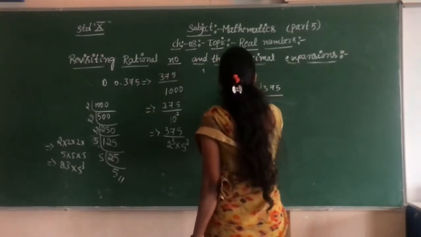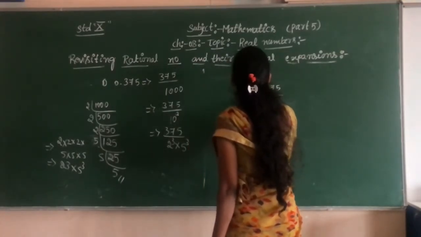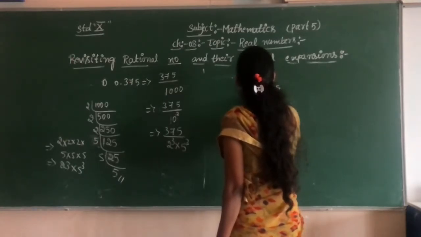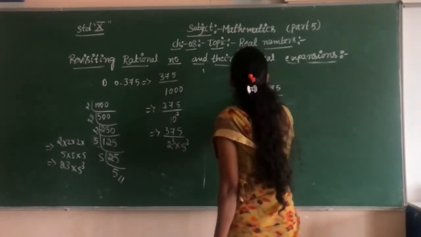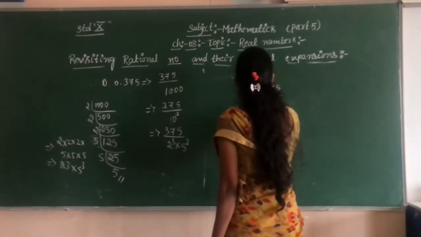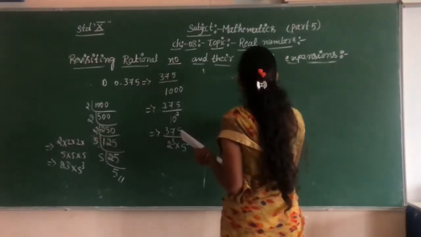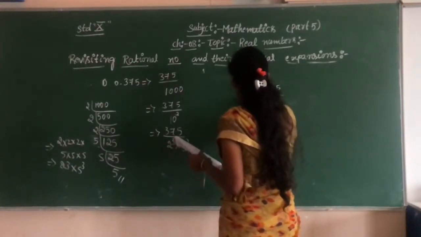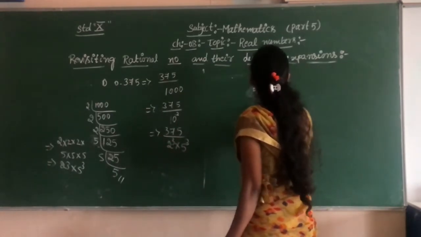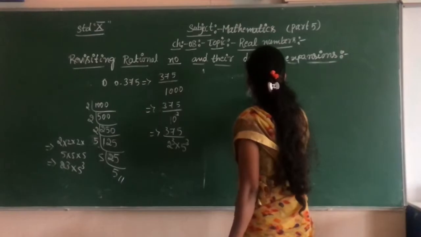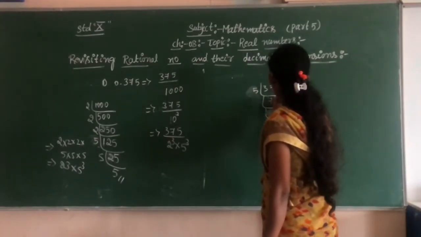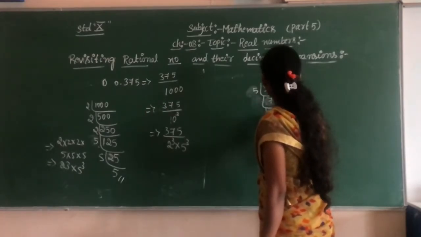You should take 3 1s are 3, 3 2s are 6, 3 5s are 15. 5 you should take, 5 6s are 30, 5 7s are 35. So 5 3s are 15.